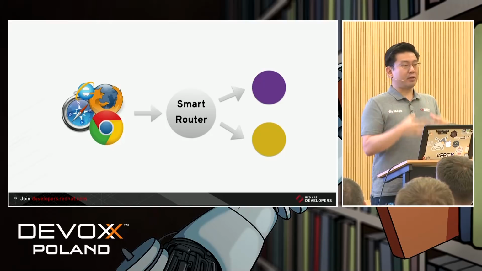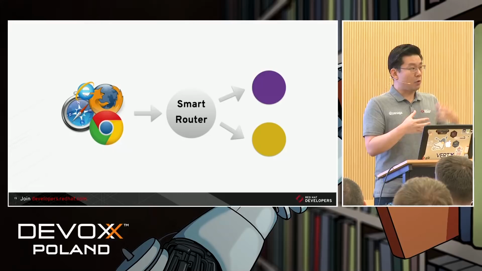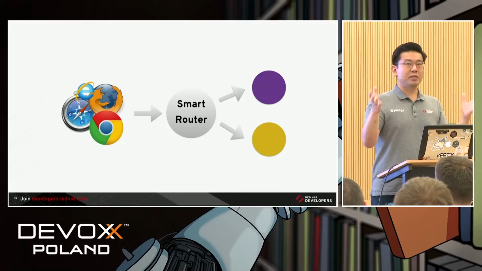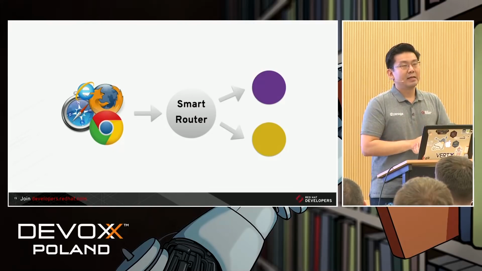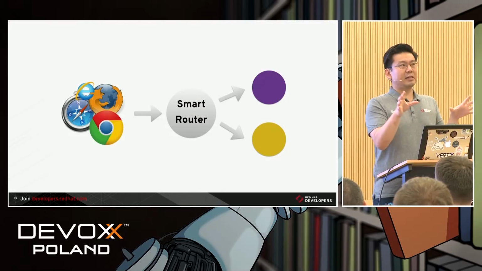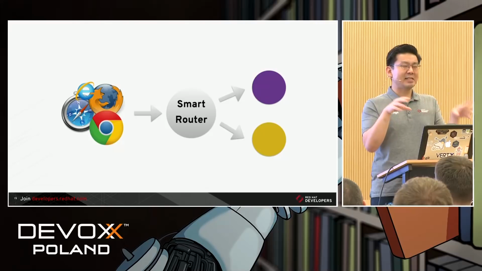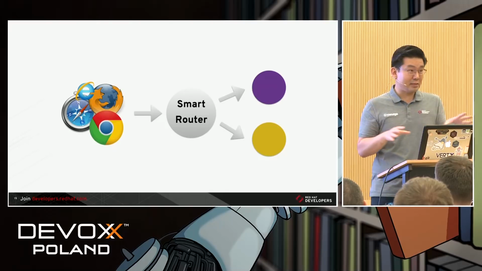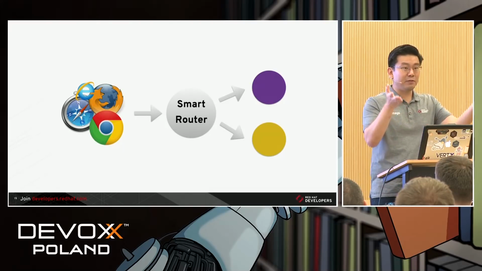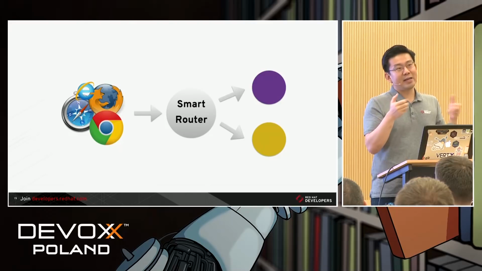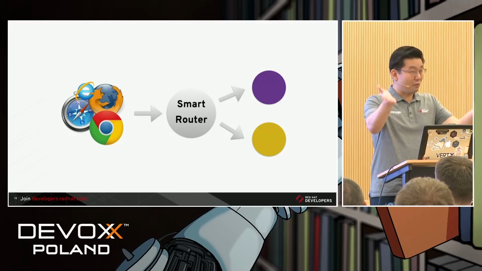So you have a proxy in front, and you can dynamically change the amount of requests that go from one deployment to the other deployment. And with smart routers, some people say that you can do A/B testing with just infrastructure. I don't have a clear term for that. I call that dumb routing, because if you can just split 50-50%, okay, it's better than nothing.